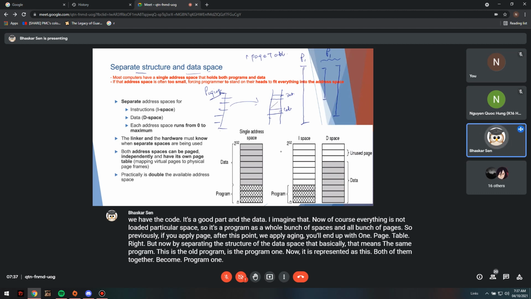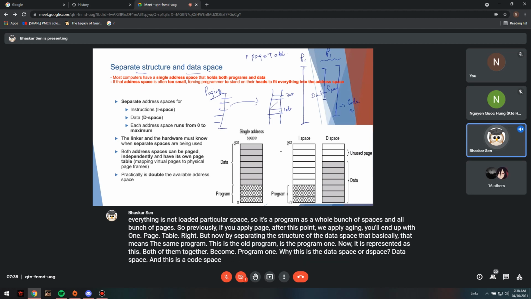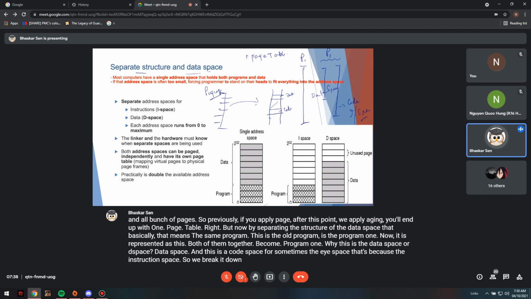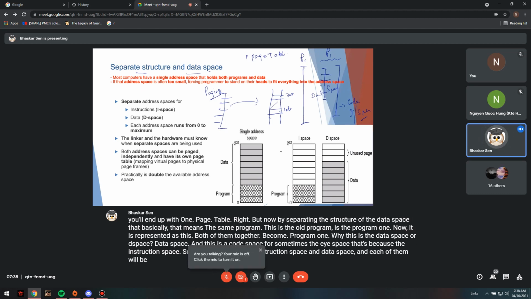Why? This is the data space, or D space, and this is a code space, or sometimes called the I space, because it's the instruction space. So we break it down into instruction space and data space, and each of them will be paged separately.